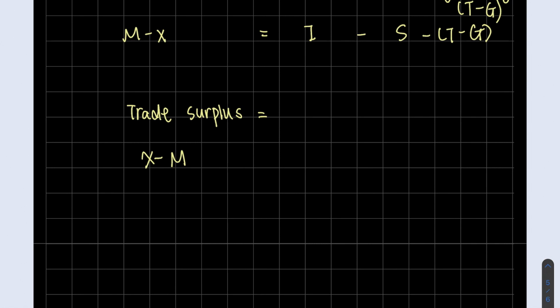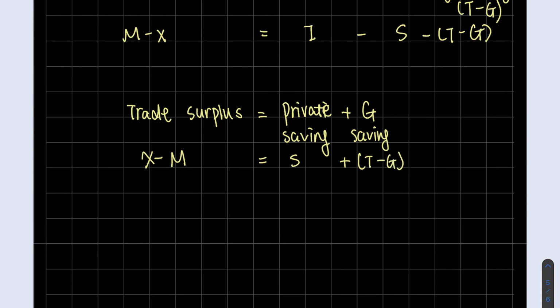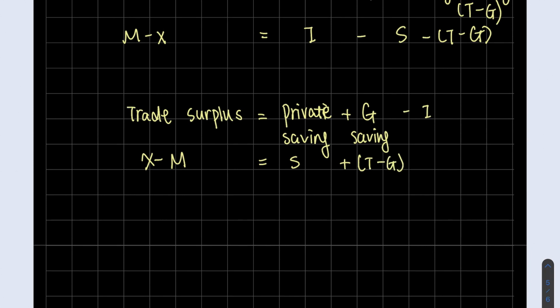It is equal to the private saving plus the public saving or government saving. I think if we still use G minus T to represent the government saving, and then minus the domestic investment.